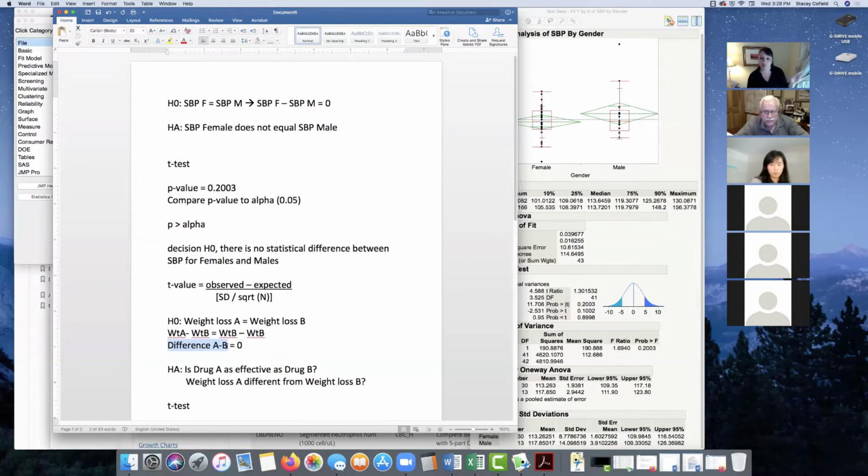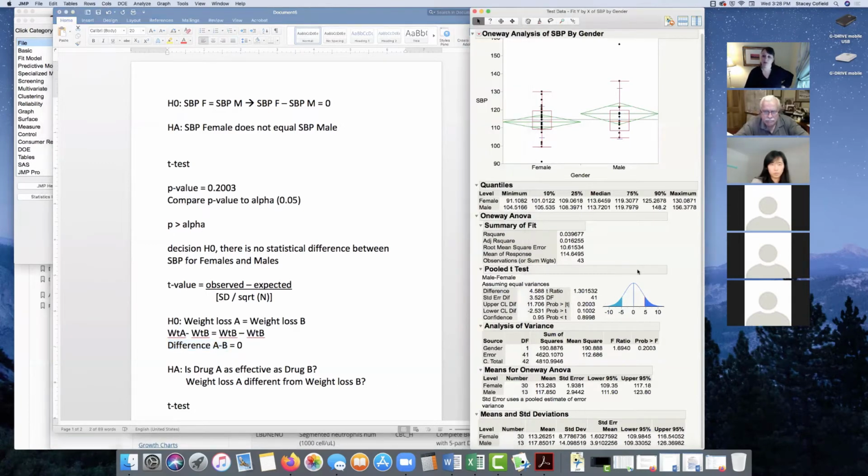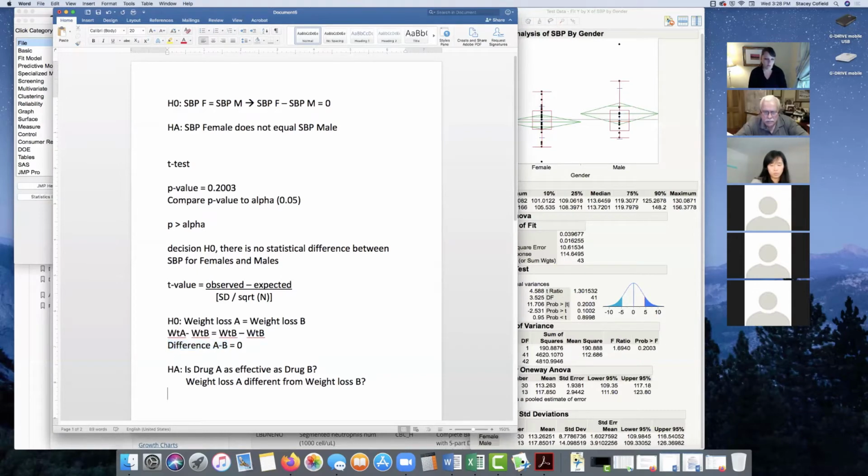What gets us to the t-test is that we're going to estimate our standard deviation based on the data we have. When you do a standard normal, which nobody does in practice, you know the standard deviation. You never know it. You always use your data to estimate it, and that's what gets us to the t-test. But otherwise, the distributions are the same shape. Our alternative here would be that the difference does not equal 0.